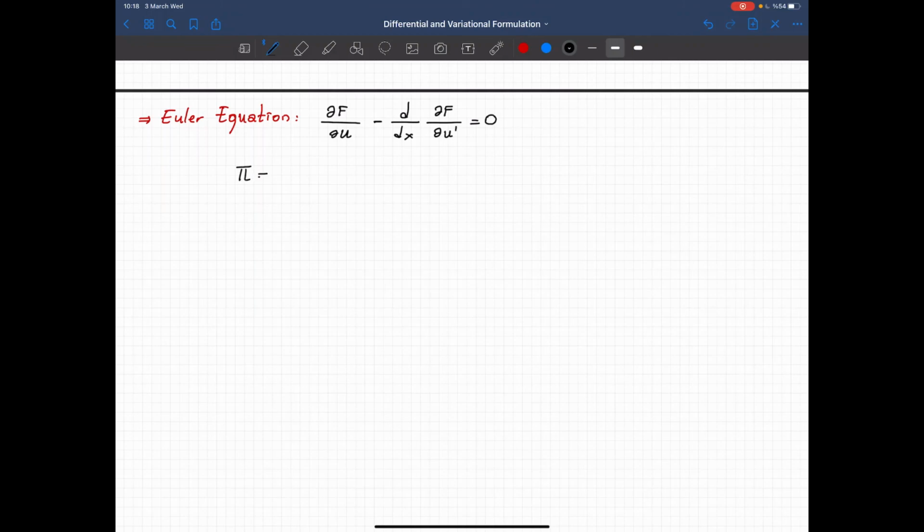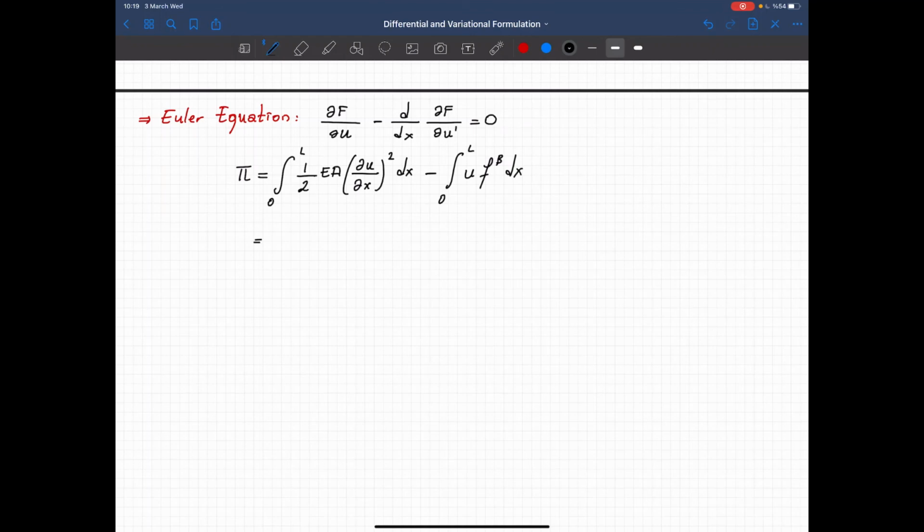Our total potential energy functional is as follows: from 0 to L, 1/2 EA (∂u/∂x)² dx minus, from 0 to L, u times the body force dx.